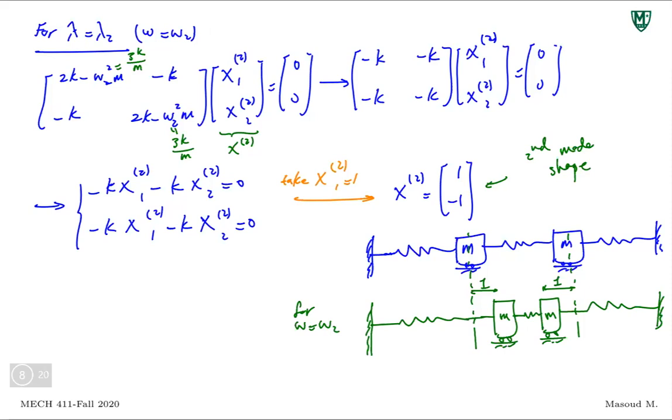Think about that. You have some system with 2 degrees of freedom, some force is applied to it, or it's free vibration, some initial velocity or displacements are applied to it. We want to find the response of the system. That's where mode shapes come into play. Because any system response, this is true for linear systems, which are the systems we deal with, to any input, whether it's initial velocity, displacement, or some external force, is a combination of mode shapes.